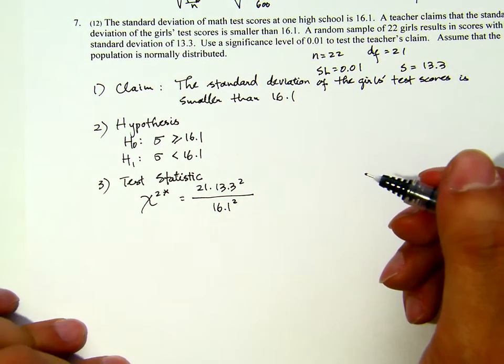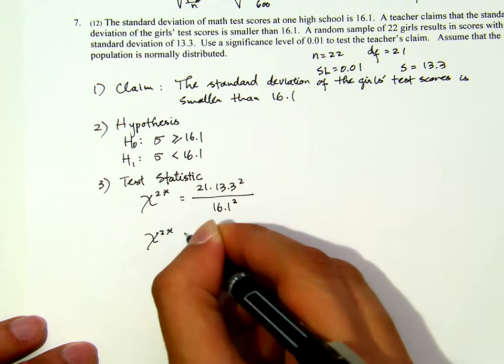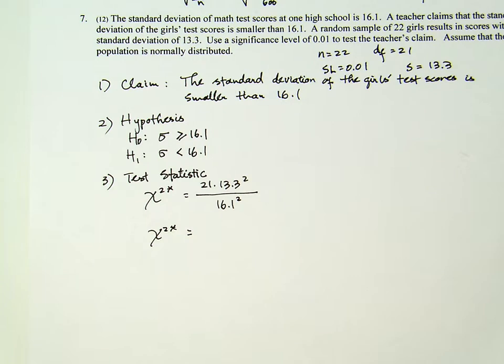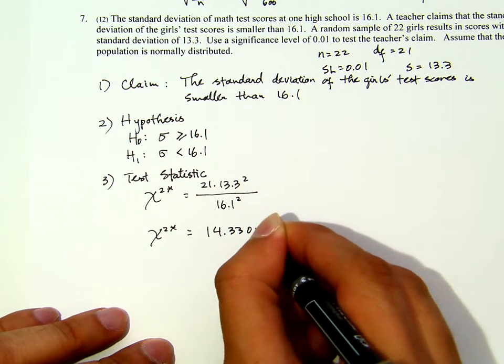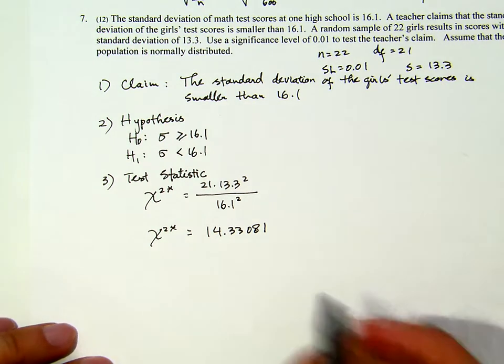Now from there I compute the chi-squared star equals 21 times 13.3 squared divided by 16.1 squared. That's 14.33081. Okay, that's the test statistic, the chi-squared.